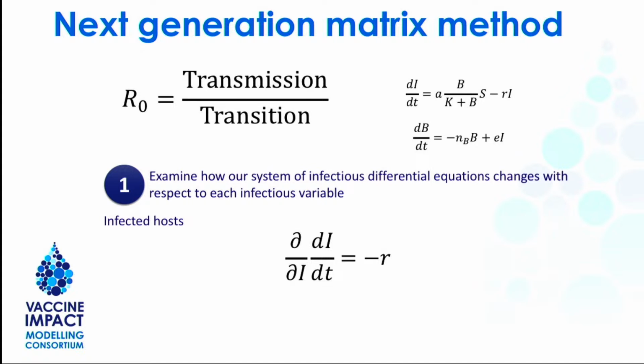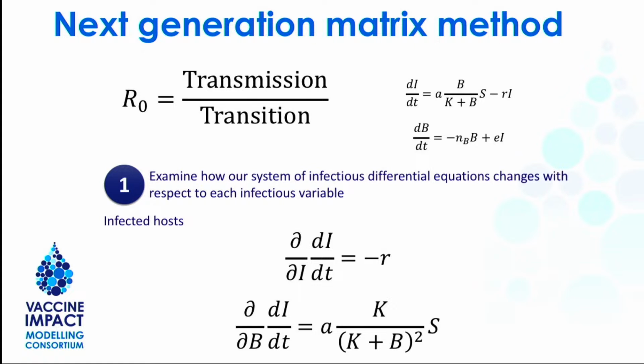So, I have differentiated my I compartment equation with respect to I. I can do the same with respect to B. So it's a bit more messy. I differentiate this with respect to B. I'm not going to go through all of the steps. You might want to trust me. You might want to try it in Wolfram.